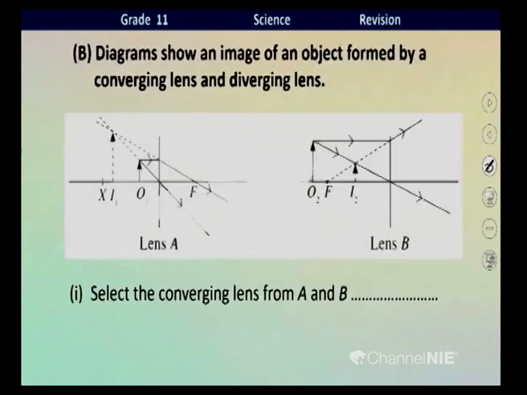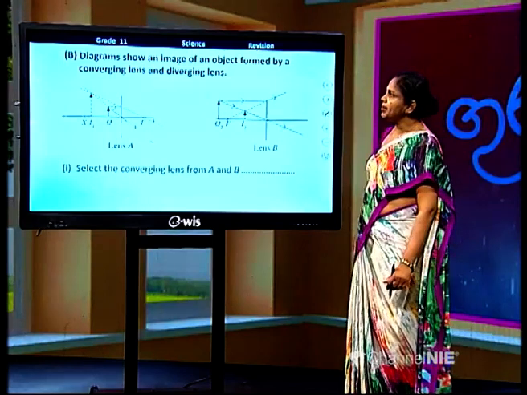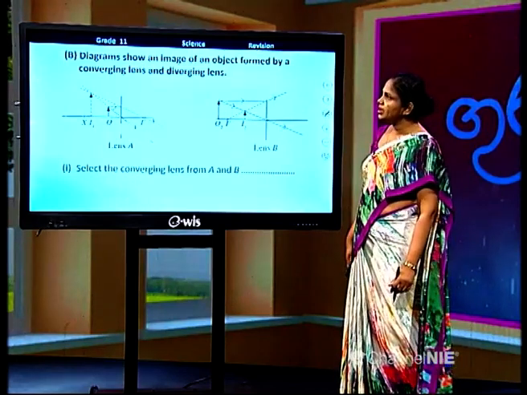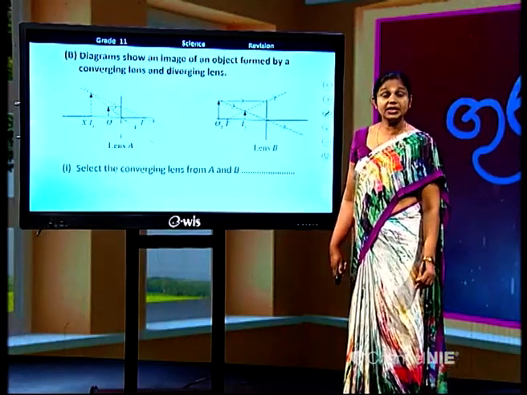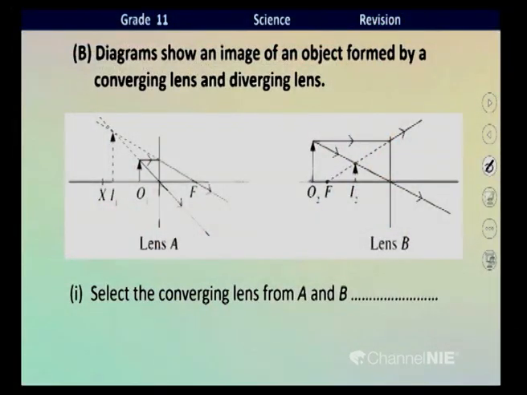Okay. Next question. Diagrams show an image of an object formed by a converging lens and a diverging lens, children. You know, converging lens is a convex lens. Diverging lens is a concave lens. Right. Select the converging lens from A and B. Converging lens here is A. How do we decide this, children?